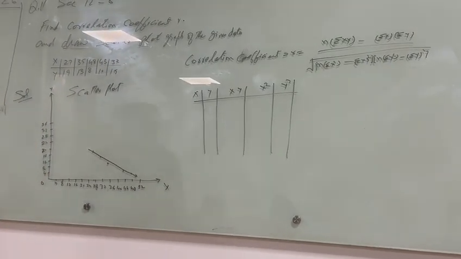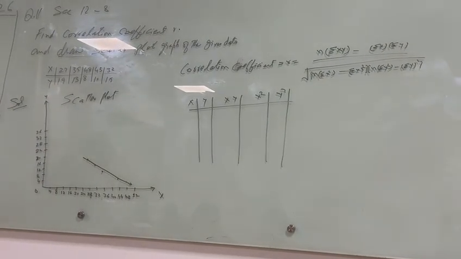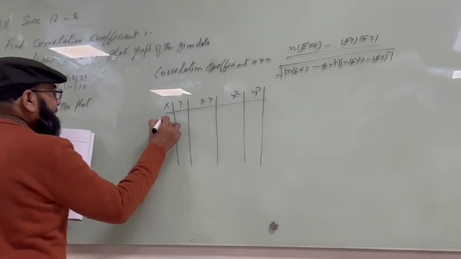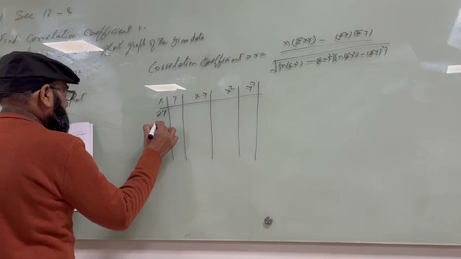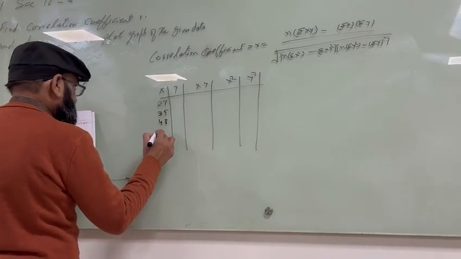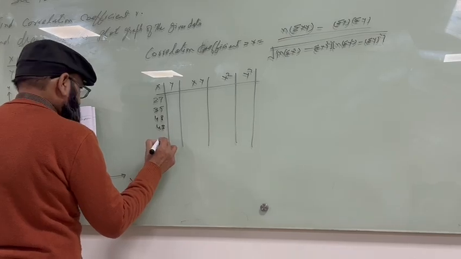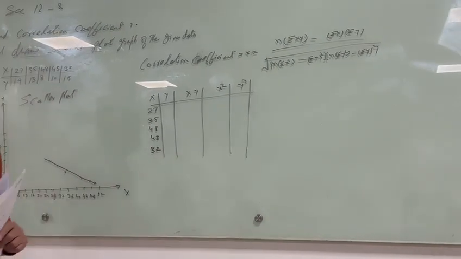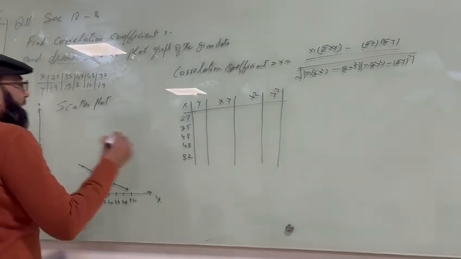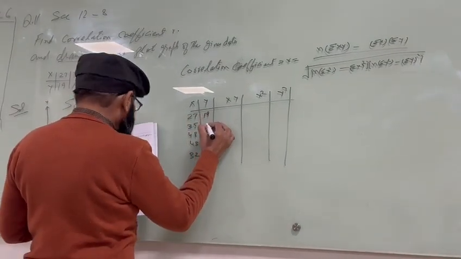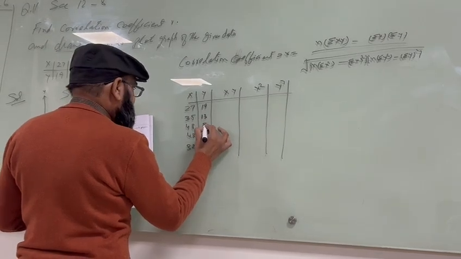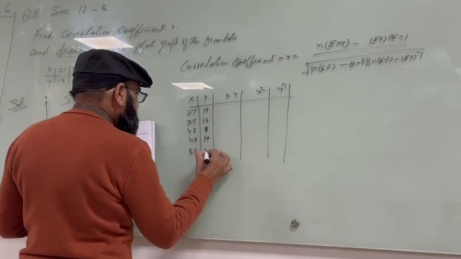The x values are 27, 35, 48, 43, and the y values are 19, 13, 8, 10 and 15.